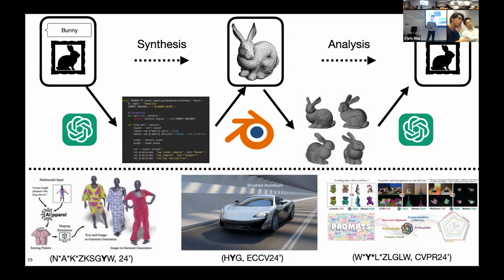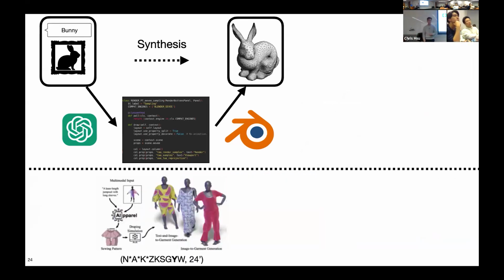Then how to evaluate text to 3D generative models using the evaluation pipeline that I described. And finally, a work that connects both of them in order to edit Blender scenes. Welcome to interject with any questions. I'd like to make this more of a discussion as well. Okay, without further ado, let's dive into how to generate garments.